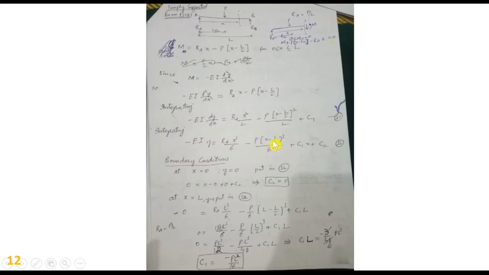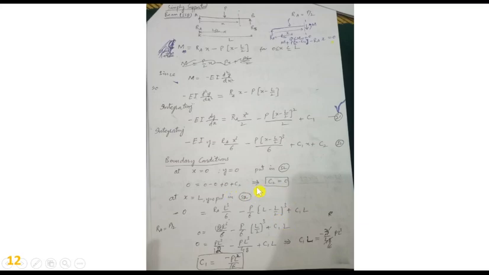Here again we are taking this as a unit term, single within the square brackets. Here remember we have only two constants of integration, not 4 as in the double integration method, so this will obviously reduce our work and make it easy.